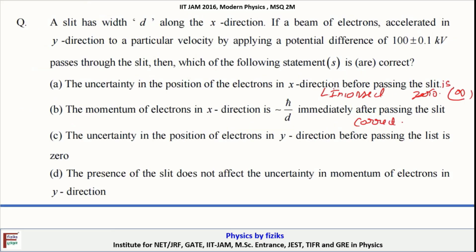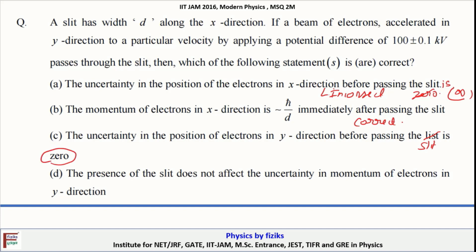Now coming to the third statement. The uncertainty in the position of electron in y direction before passing the slit is 0.